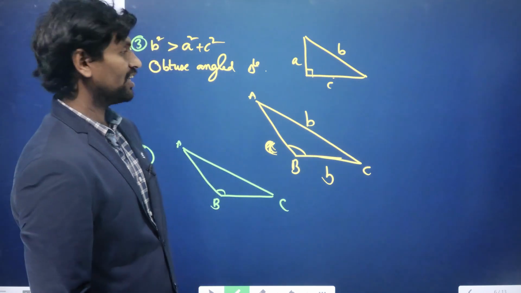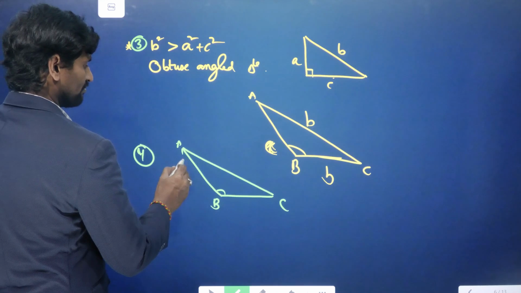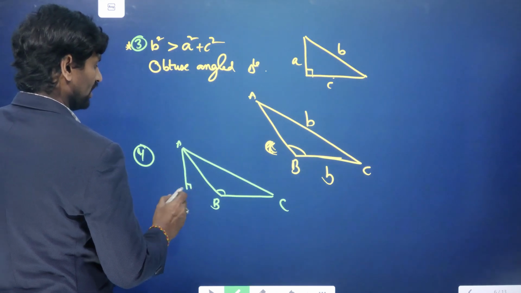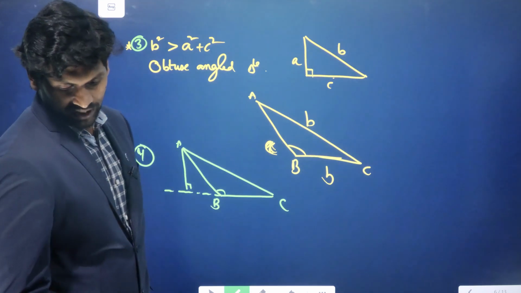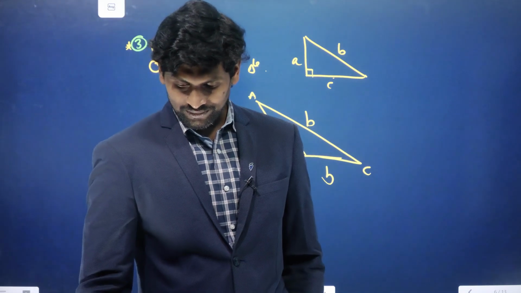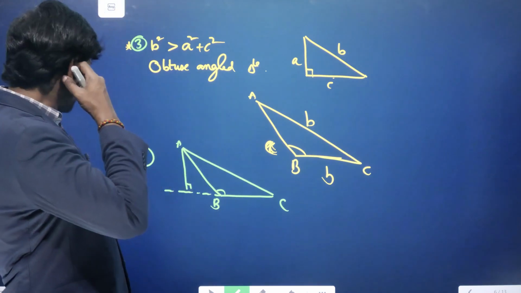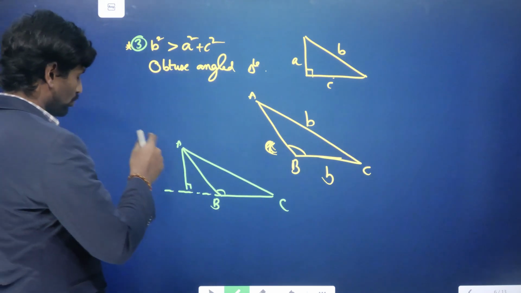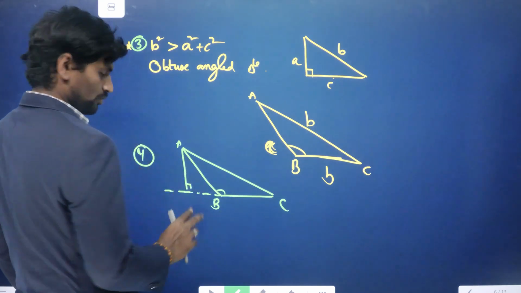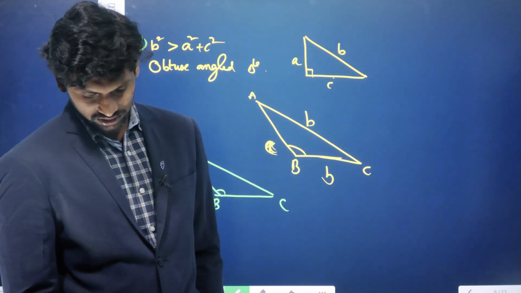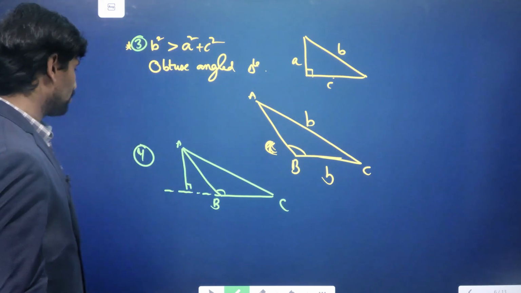AD is perpendicular to BC. That means AD is nothing but the altitude. The altitude will be outside of the triangle. Okay? AD is perpendicular to BC. Then here we should discuss the condition like AB square plus BC square equals AD square, yeah, 2 times BC into BD.